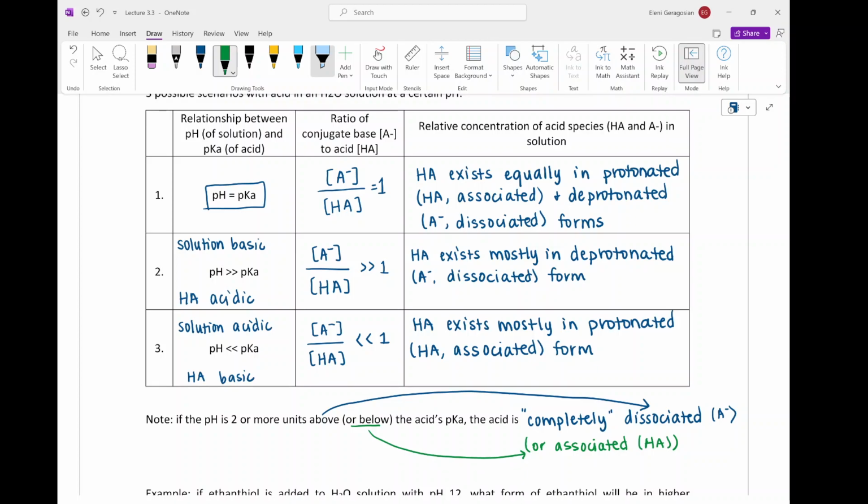But the point of this sentence here is having a pH 2 or more units different from pKa means one form will be in extremely high concentration, and we can often consider it completely dissociated or completely associated rather than having both conjugate acid and conjugate base. But in reality, it is never completely.